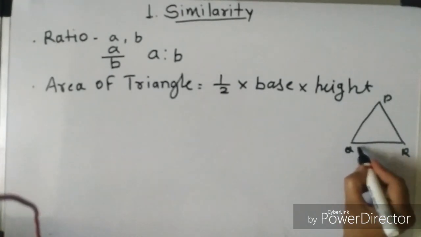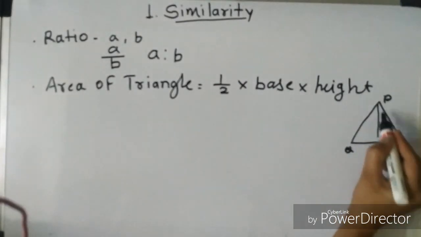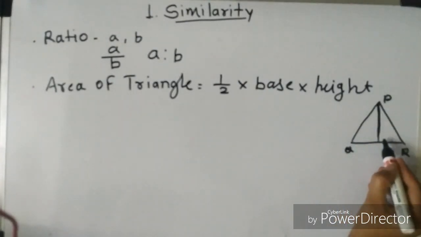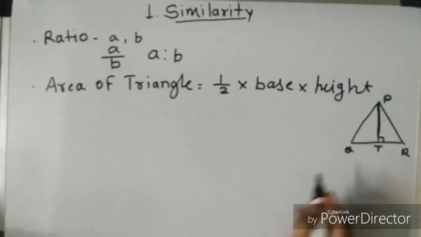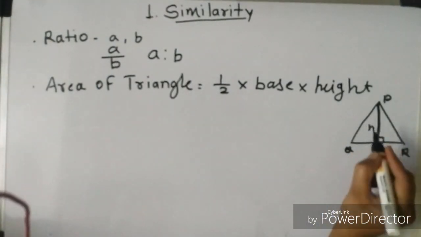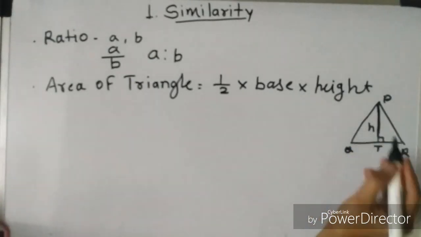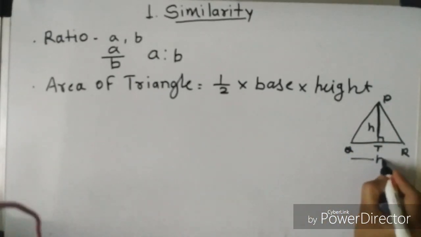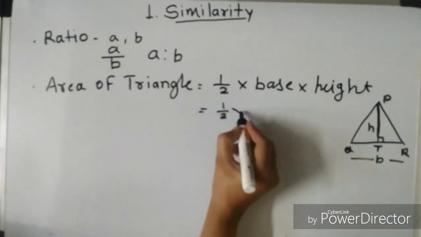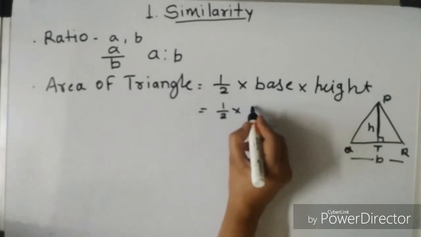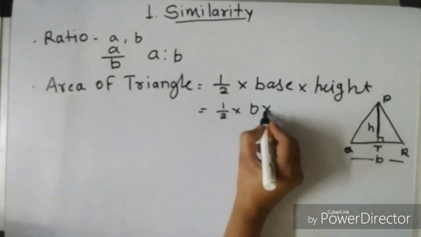Its base is QR and PT is the height. We generally give the notation H for height and B for base. In short, we write it like this: 1 by 2 into B into H.